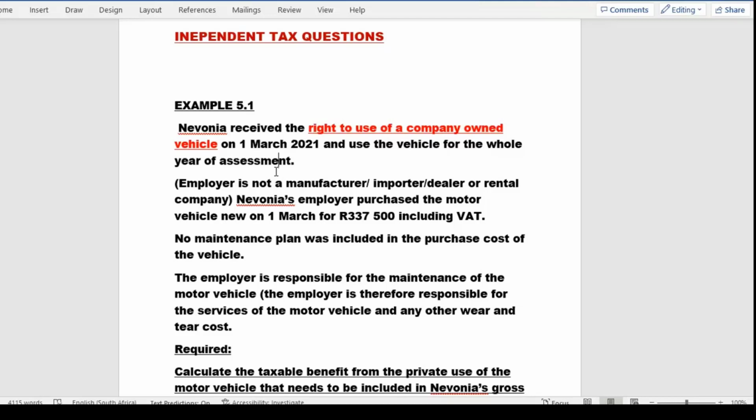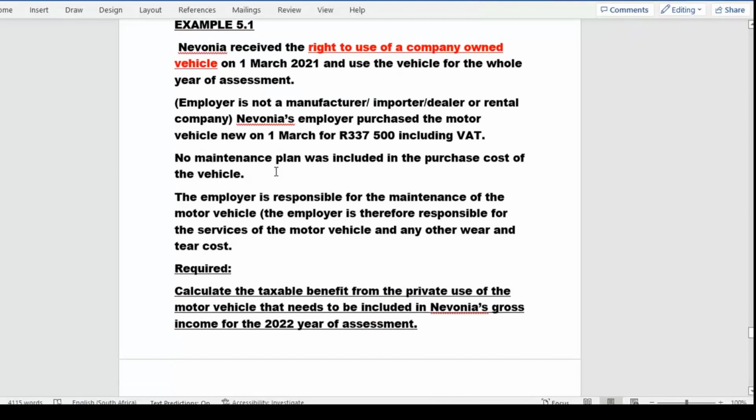The company is responsible for the maintenance of the motor vehicle. The employer is therefore responsible for the services of the motor vehicle and any other running cost. Required: calculate the taxable benefit from the private use of the motor vehicle that needs to be included in the gross income for the 2022 year of assessment.